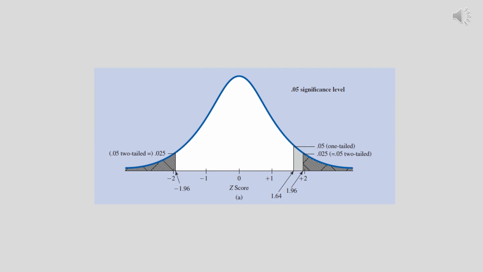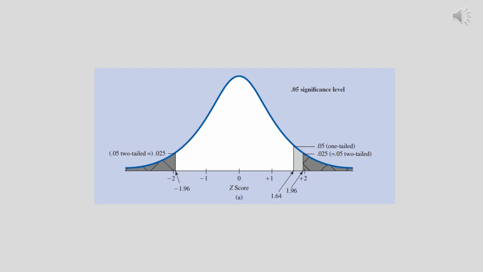If you're only talking about a one-tailed test, alpha is 0.05 and you don't have to split that. If your hypothesis has you interested in the upper end of the distribution, like you think something is more than something else, then that corresponds to a z-score of 1.64.